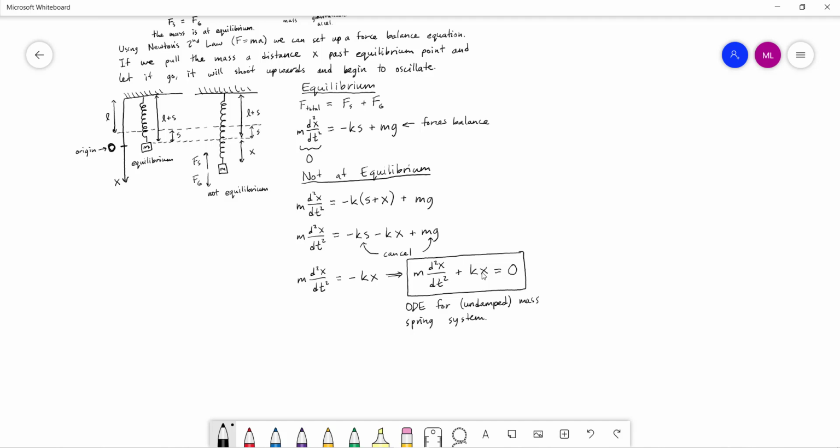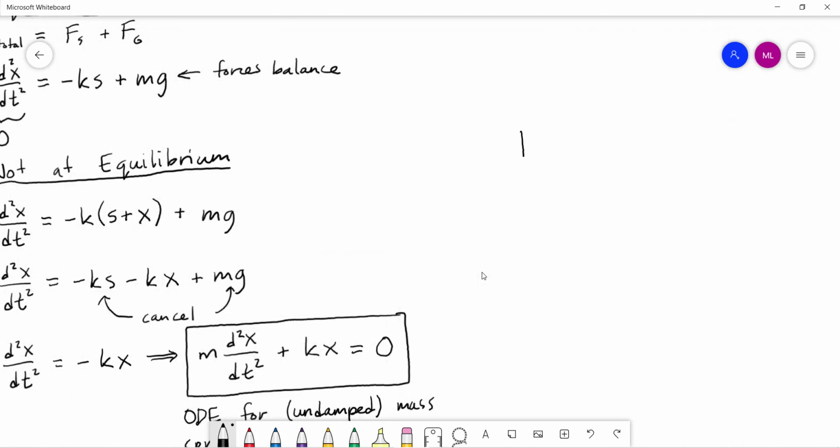So oftentimes the shock absorber in a car looks something like this. It has some sort of strut with walls and a piston in it and some fluid, and this piston acts as a damper.